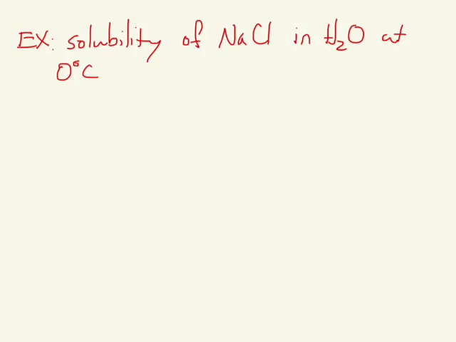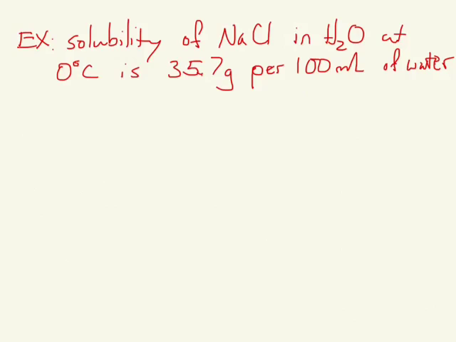The solubility of NaCl in H2O at 0 degrees Celsius is 35.7 grams per 100 milliliters of water. So you have your mass amount, the grams of your solute per your amount of your solvent. And again, a temperature is always stated because solubility does change with a changing temperature.